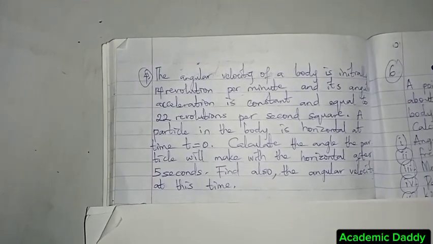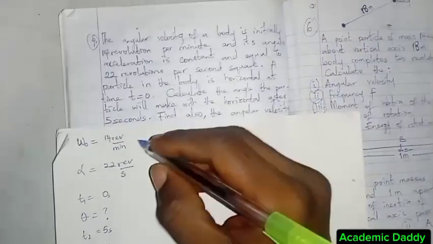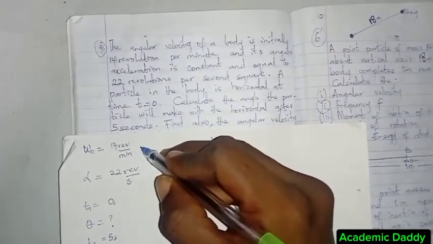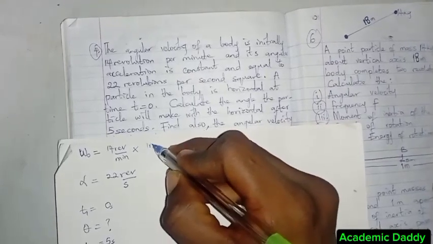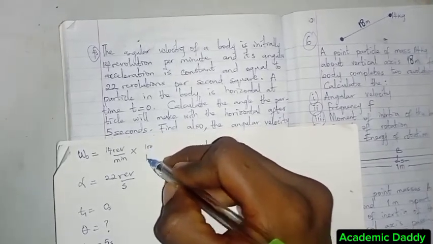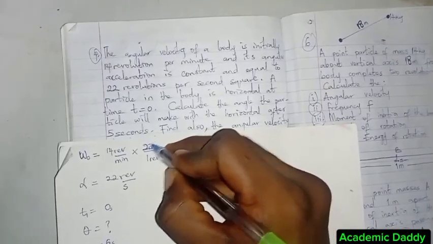Let's bring out our parameters. So from that, I've been able to get out all my parameters. So the next thing is to convert revolution per minute to radians per second. So I'll do one revolution, I put revolution where it can cancel revolution, is equal to 2 pi.